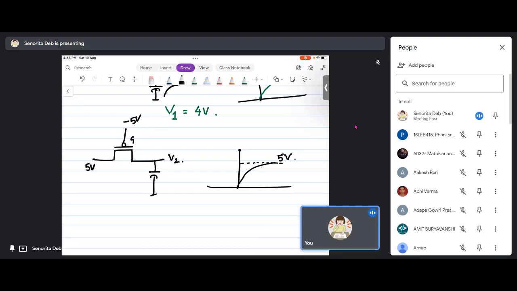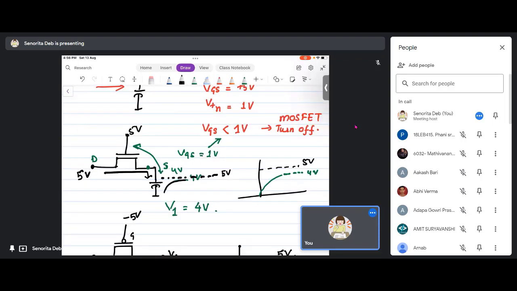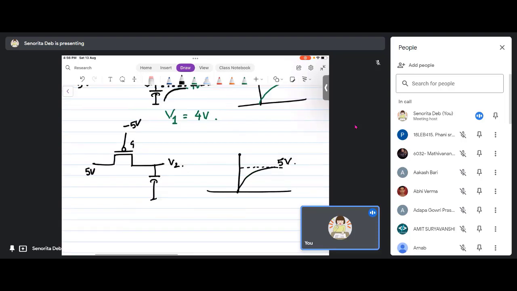Because it is always on. So NMOS, I have told you how it is happening. I want you to just analyze PMOS quickly and check how it will always be on and always V2, the capacitor, can charge fully to 5 volts.